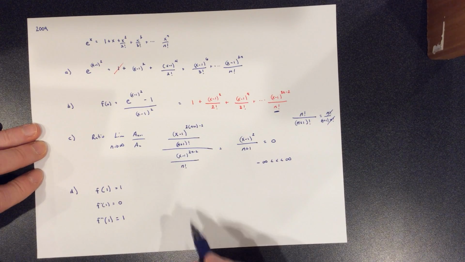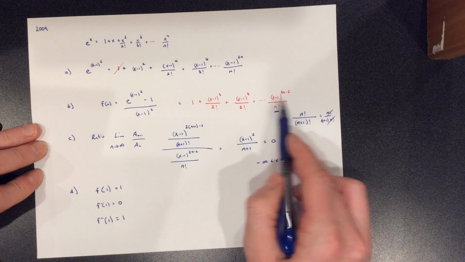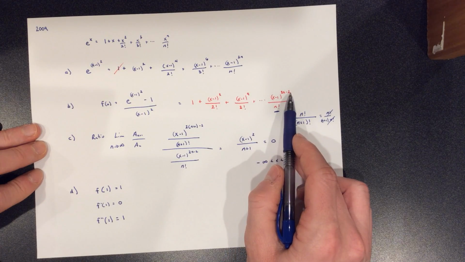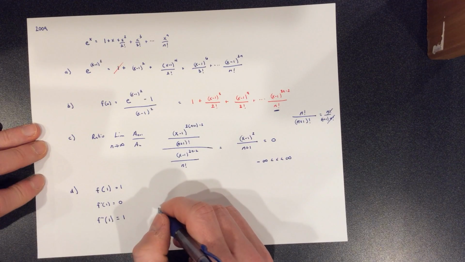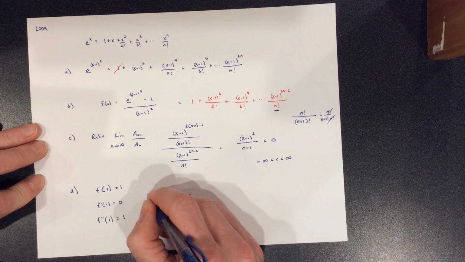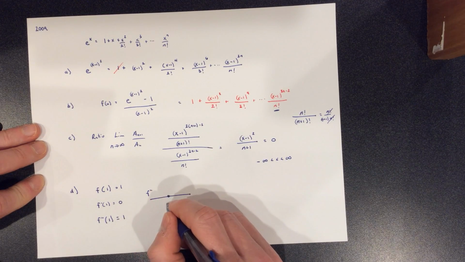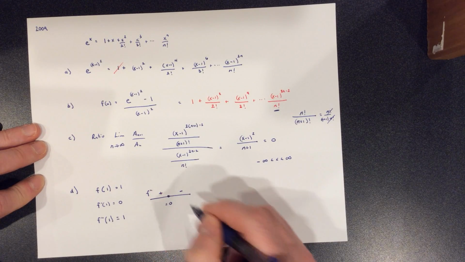And here's what you want to realize. All of these are just plus, plus, plus, plus, plus, and they're all even powers. For there to be a point of inflection, we'd have to have a change in concavity. So we'd have to figure out where the second derivative equals 0, and have it be a plus and then a minus.